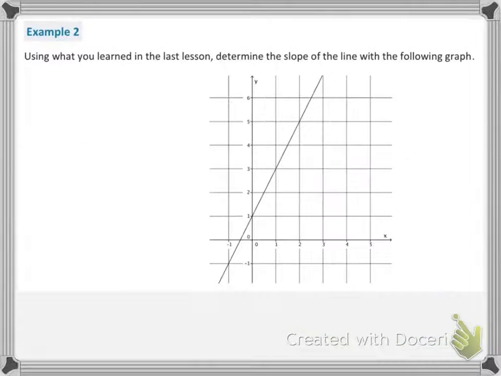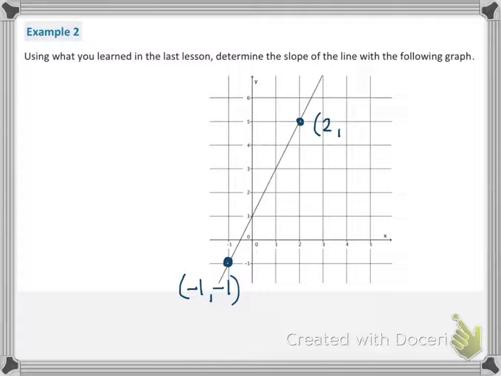All right, let's try another one. I just need a couple of points. It really doesn't matter what points I use. To show you, I'm going to use this one down here, which is the point (-1, -1), and I'll use one way up here, which is the point (2, 5).